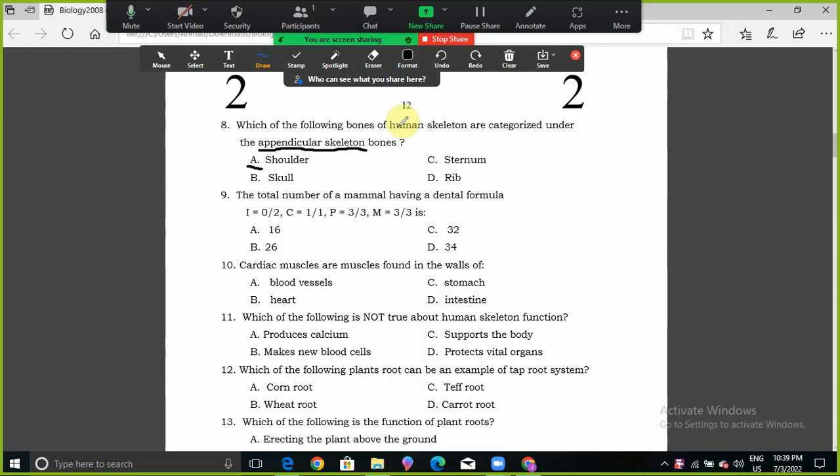Now in question number 9, the total number of teeth of a mammal having a dental formula, which is incisors 0/2, canines 1/1, premolars 3/3, and molars 3/3. Now what we will do first is write the dental formula: 0/2, 1/1, 3/3, and then 3/3.